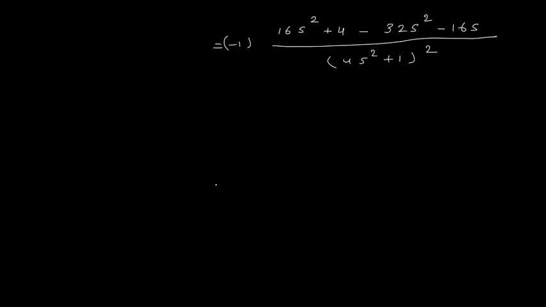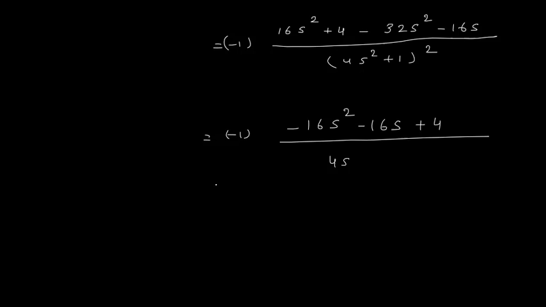Now this is equal to minus 1, 16s square minus 32s square. So this is minus 16s square. Then we have minus 16s. Then we have plus 4. Whole divided by 4s square plus 1 the whole square.